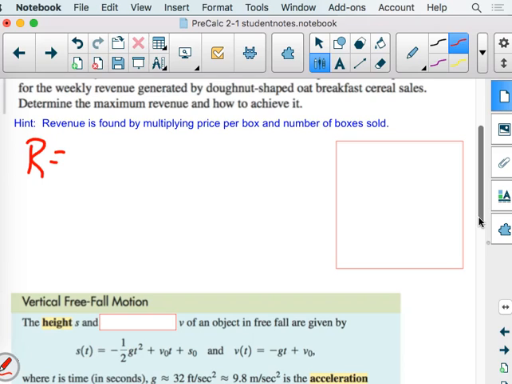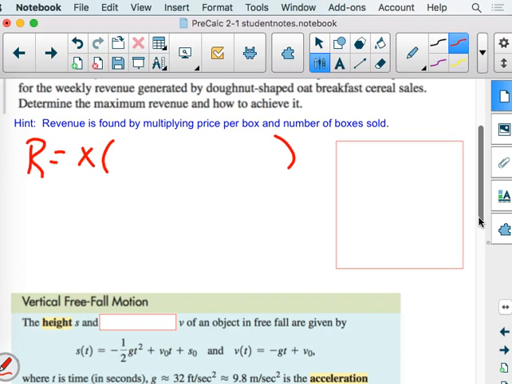Well, we don't know how many boxes they're going to sell, so that's our unknown. But we did come up with an equation for the price of that box. And I'm going to put the 3 decimal places back up here.